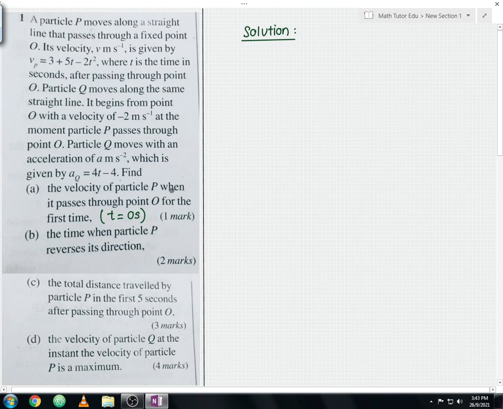Since it involves the velocity of particle P, let me write down the equation of the velocity of particle P. So given that Vp = 3 + 5t - 2t². Let me box this.